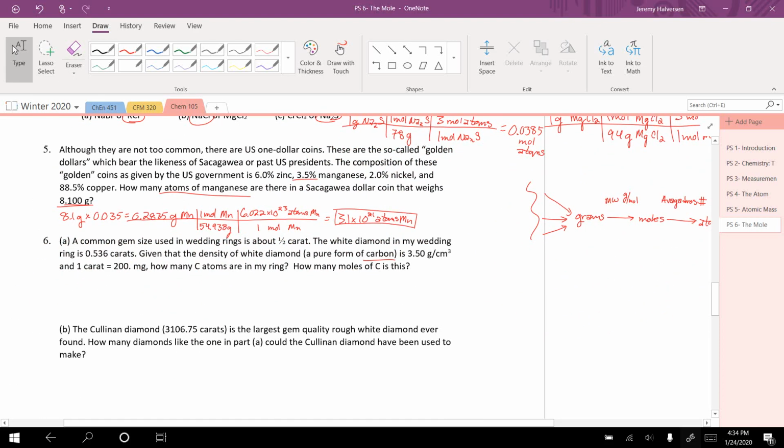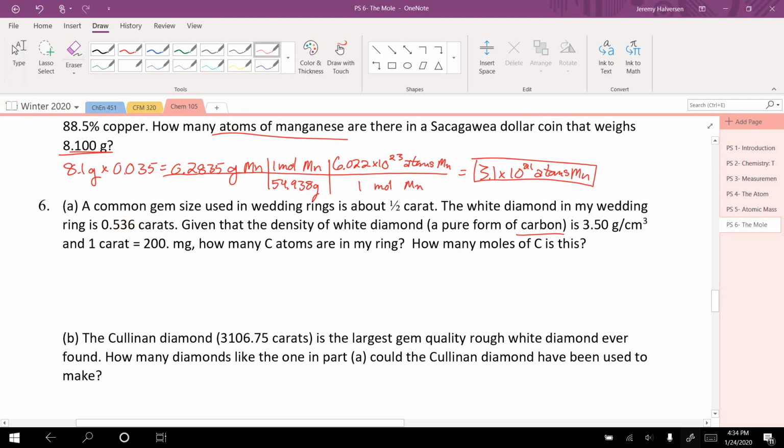So what is the actual amount of diamond or of carbon that I have? ½ a carat, or no, 0.536 carats. We know we're trying to get to grams. Well, they tell us carat to milligram, so 1 carat is 200 milligrams, and we know there's 1,000 milligrams in 1 gram.